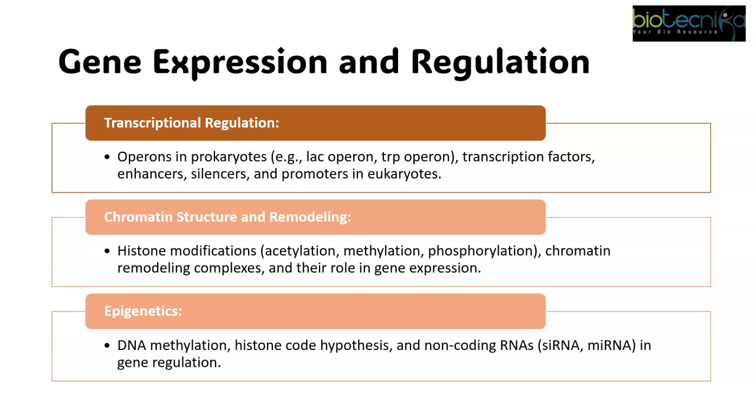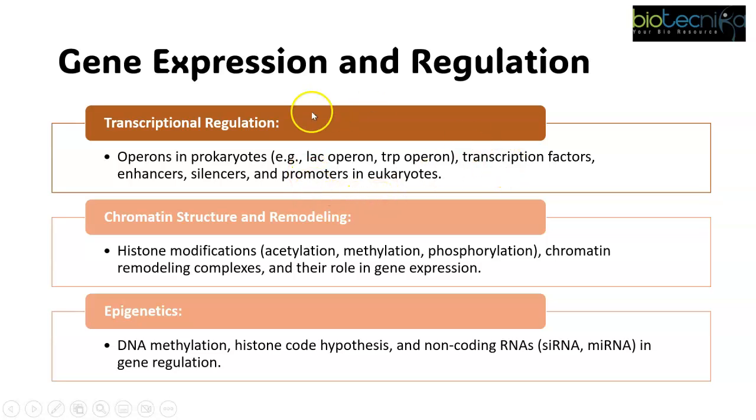Here you should have a good understanding of prokaryotic regulation as well as eukaryotic regulation. In prokaryotic regulation there is the operon structure. Definitely you cannot escape that, and you should especially have a good understanding of the lac operon and tryptophan operon, and of various transcription factors, enhancers, silencers, promoters, etc.